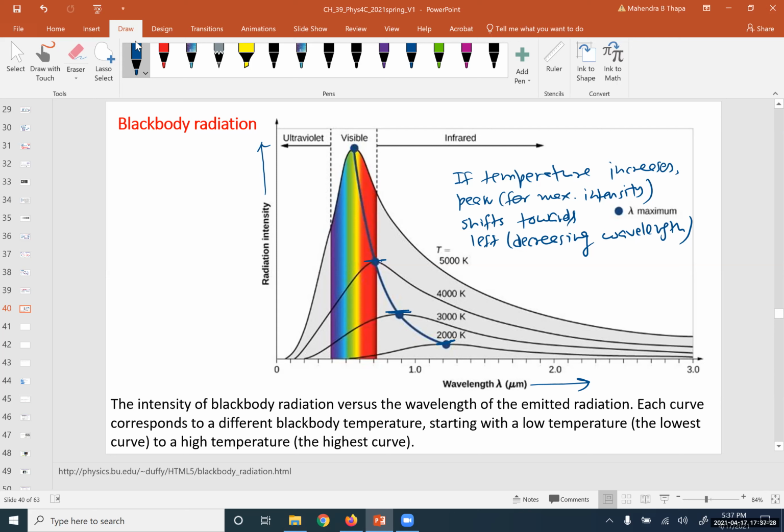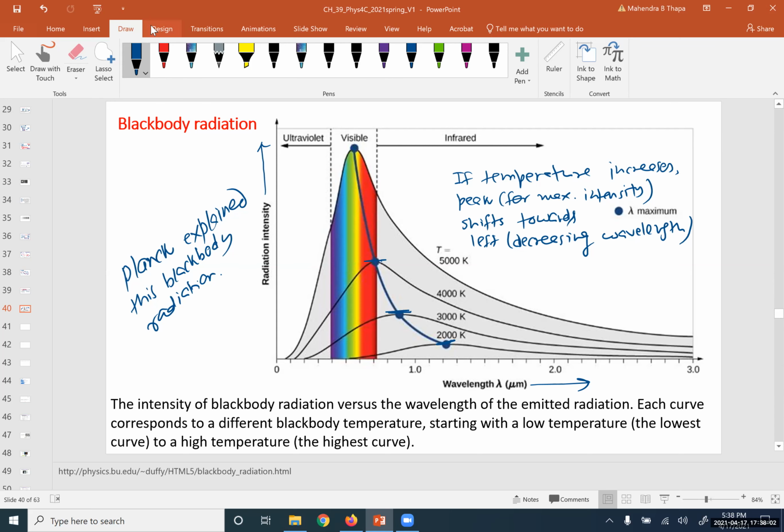So Planck basically explained this black body radiation for the first time.